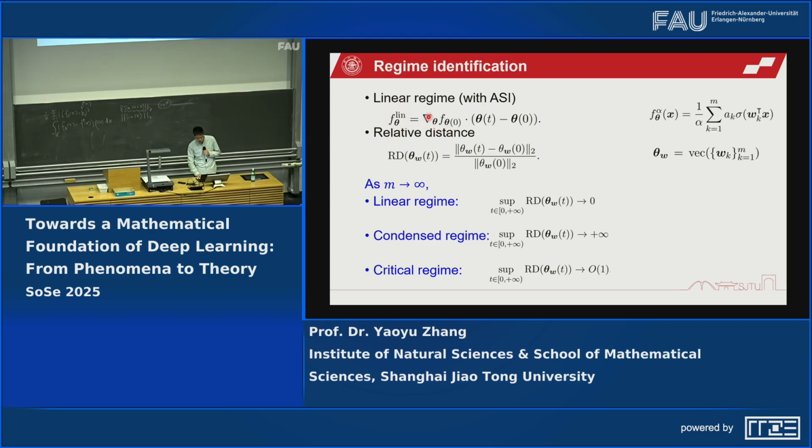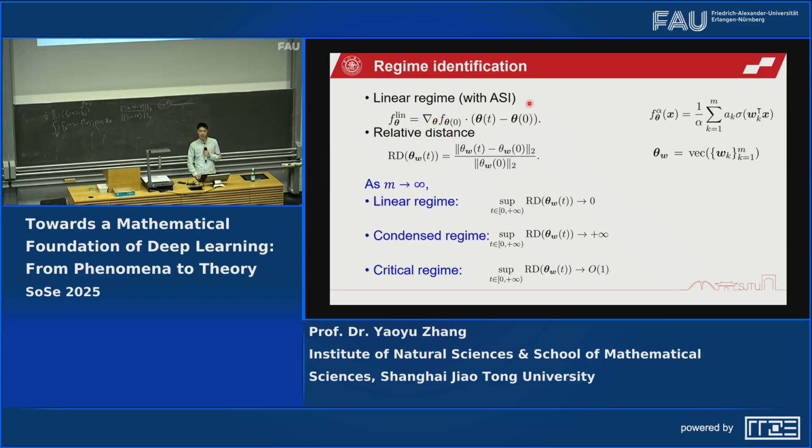It comes from these tangent functions, where you take partial derivatives at the initial point. Then you use these tangent functions as basis functions, and you set some coefficients there, right? So the whole model is a linearization of the neural network around initialization.